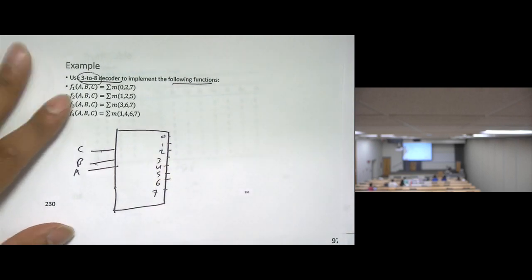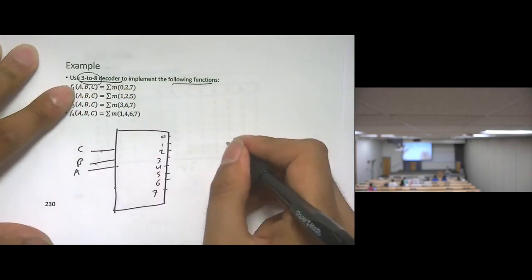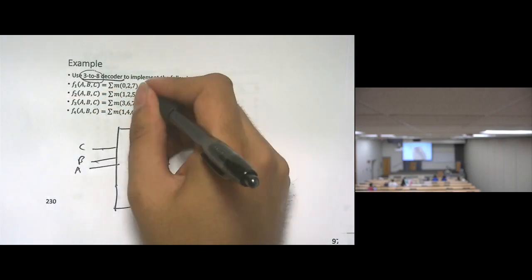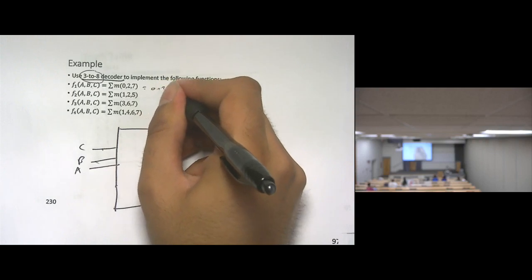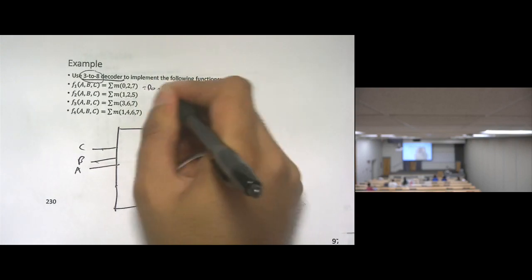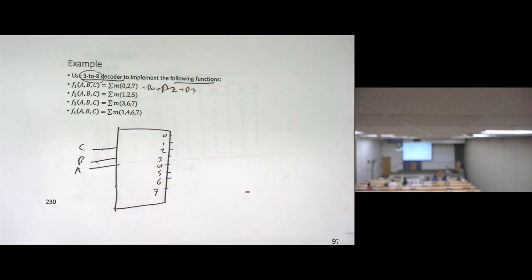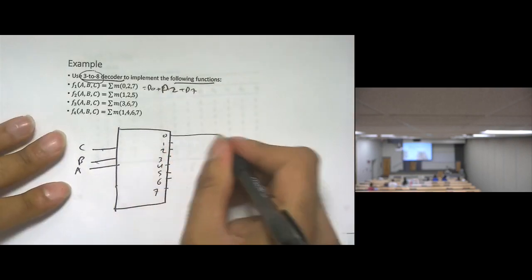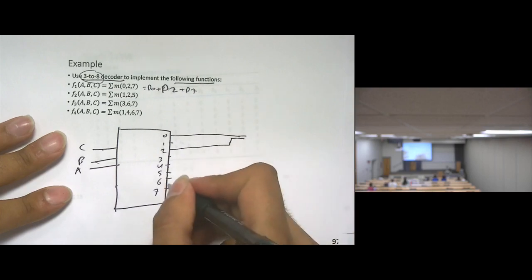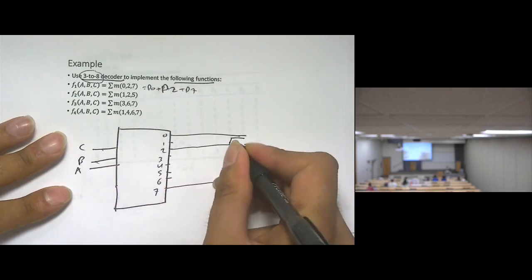Okay? Now, let's look at F1. F1 is actually like 0 plus 2 plus 7, right? D0 plus D2 plus D7. So let's go to D0. Here is D0. Here is D2. Here is D7. Right?